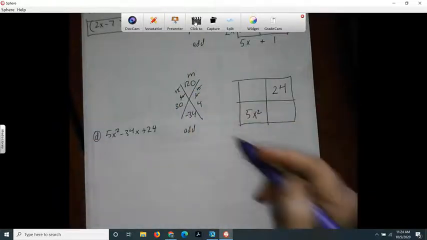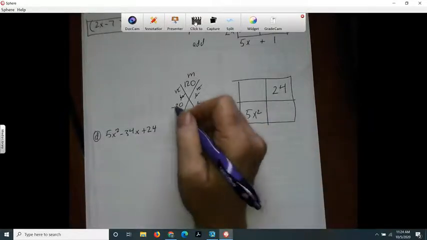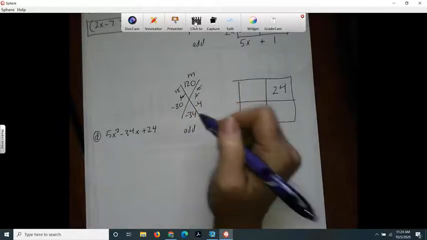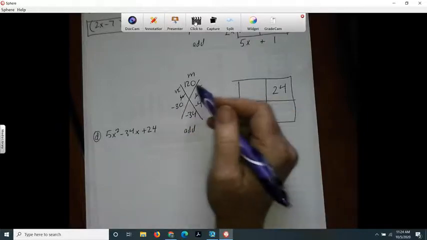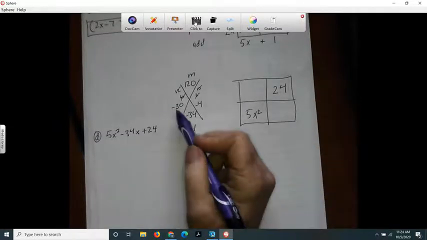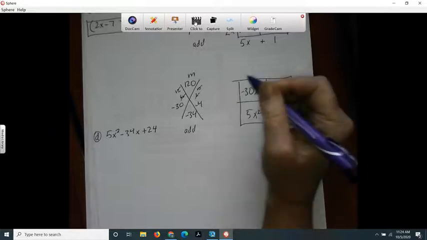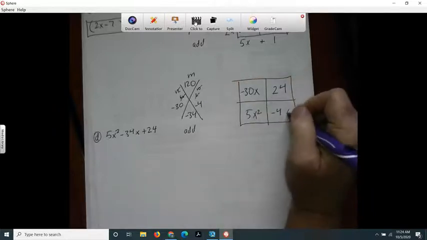Just make them both negative. Now they add to make -34 and they multiply to make 120. So I'm going to use -30x and -4x, and then this is just going to factor.